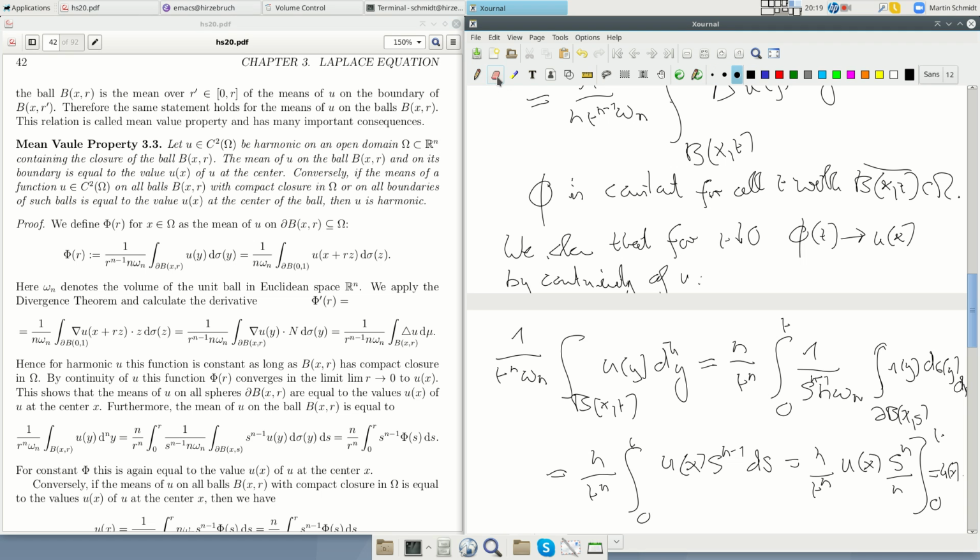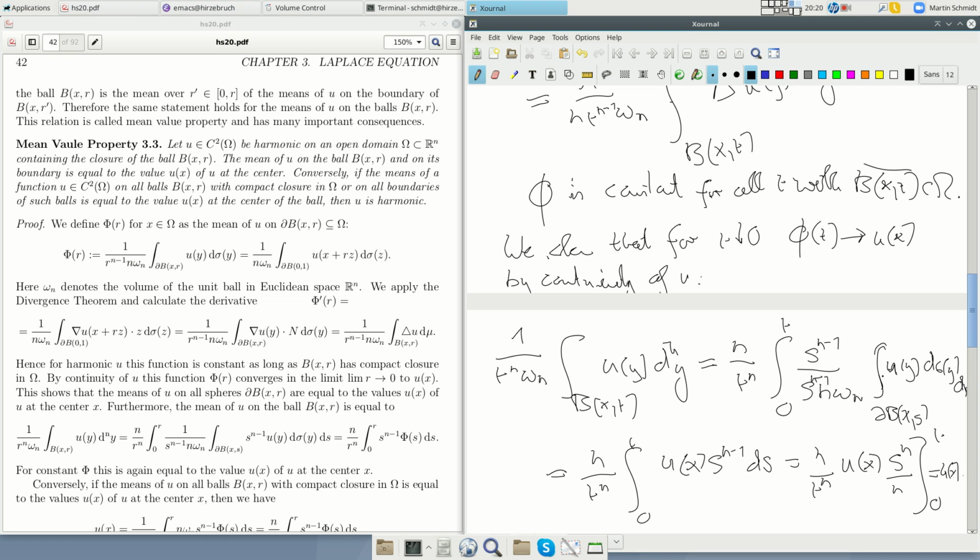We write here S n minus 1. Yeah, the n omega n, so this is clear. This expression here, this is u, this is the mean over the boundary of the ball.